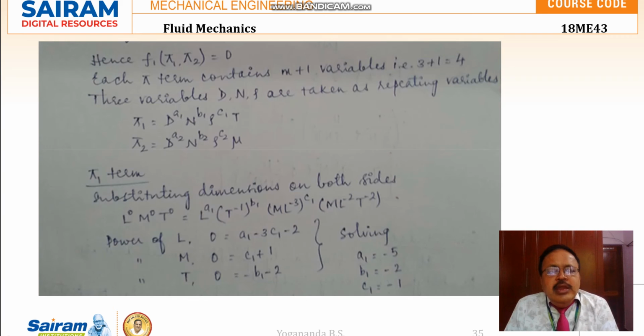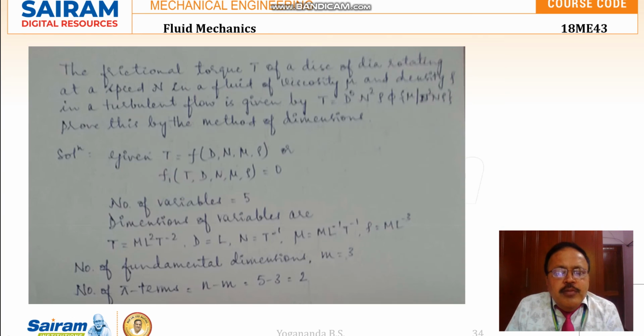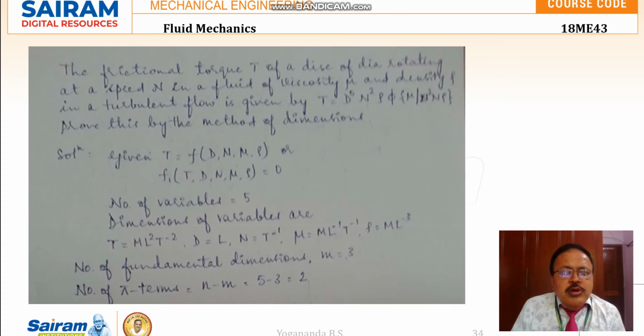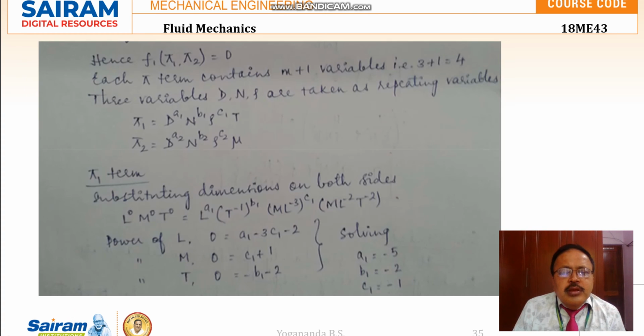Now N has the dimension T to the power of minus 1. Here the dimensions of the variables D, N and rho are written, then the torque, whose dimension is also expressed here: M L to the power of 2, T to the power of minus 2.